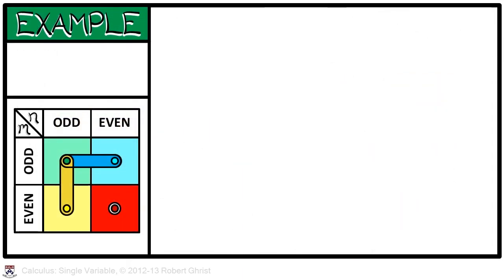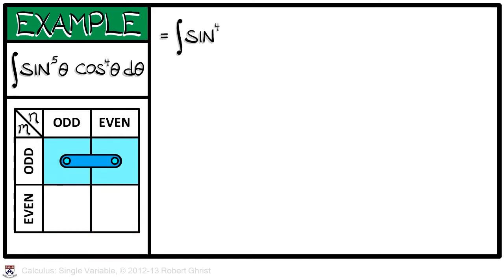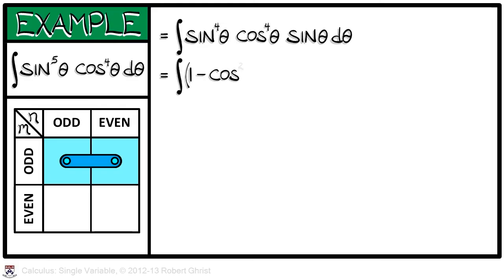Let's consider a specific example of the form sine to the m, cosine to the n, where m is 5 and n is 4. This puts us in the case where the power of sine is odd. Therefore, we can split off an even number of powers of sine and substitute in 1 minus cosine squared for every sine squared that we have.